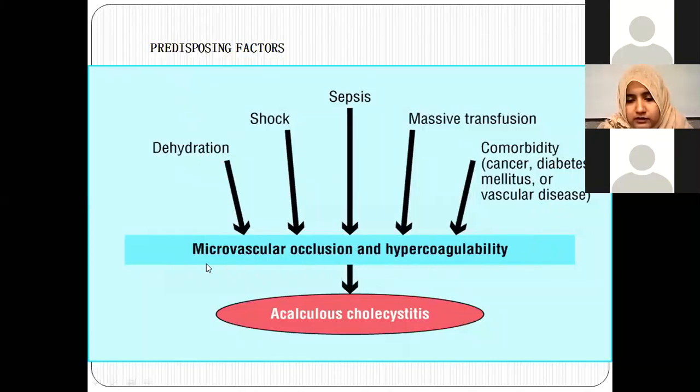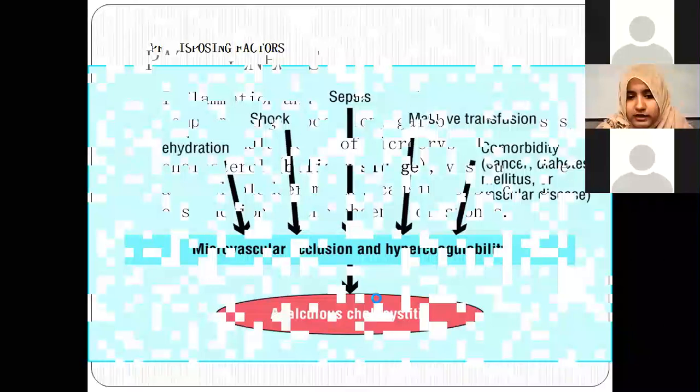They can cause microvascular occlusion and a hypercoagulable state. In sepsis, the body is in a hypercoagulable state. Massive transfusion, the body is in a hypercoagulable state. In these comorbidities, even in dehydration and shock. So what happens? There is local ischemia, and that will lead to cholecystitis, inflammation of the gallbladder, and it would be of acalculous type.